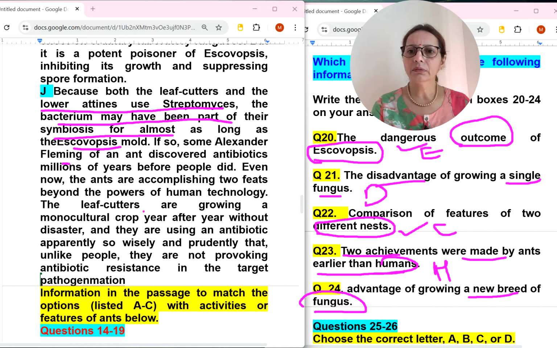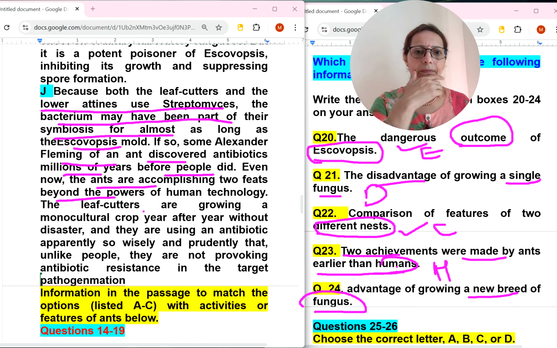If so, Alexander Fleming of the ant discovered antibiotics millions of years before people did. Even now, ants are accomplishing two feats beyond the powers of humans. I think these are the two achievements made by ants earlier than humans.